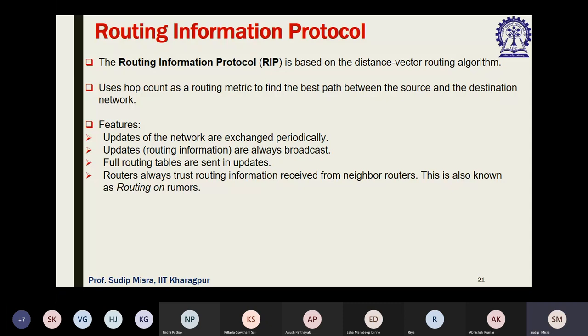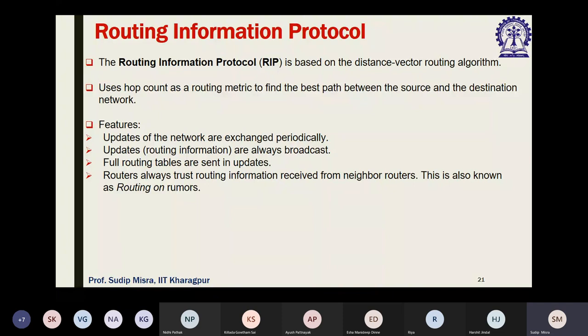So this routing information protocol is a class of distance vector routing protocol. Two classes of routing protocols we talked about: one is distance vector, the other one is link state. So RIP belongs to this distance vector category. Okay. So hop count, we need to really understand what is this hop count metric.